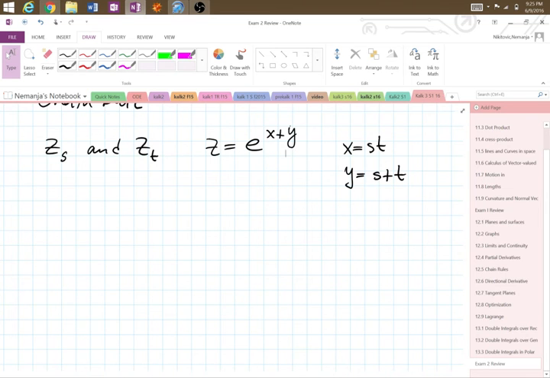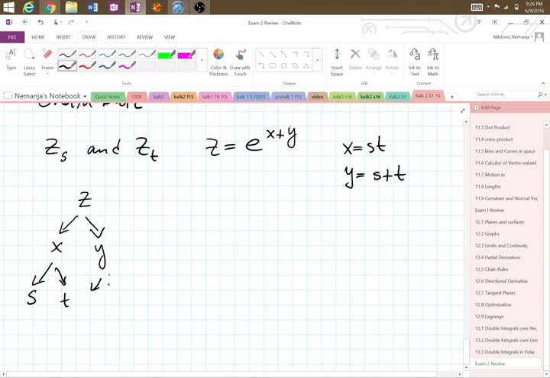So this is going to start at z, which has two variables x and y, and then each x and y is broken further into s and t. So this is the tree. This is how I learned the branching, because z depends on two variables, and then x depends on two different variables, and y depends on two different variables.